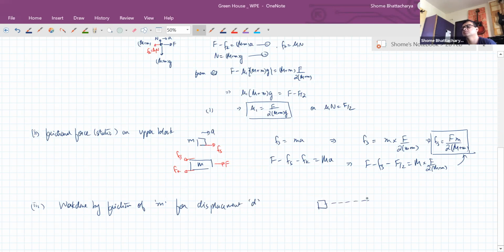So this block makes a displacement of magnitude d. During that time, the static friction will be doing a work of, so just substitute the value from here.